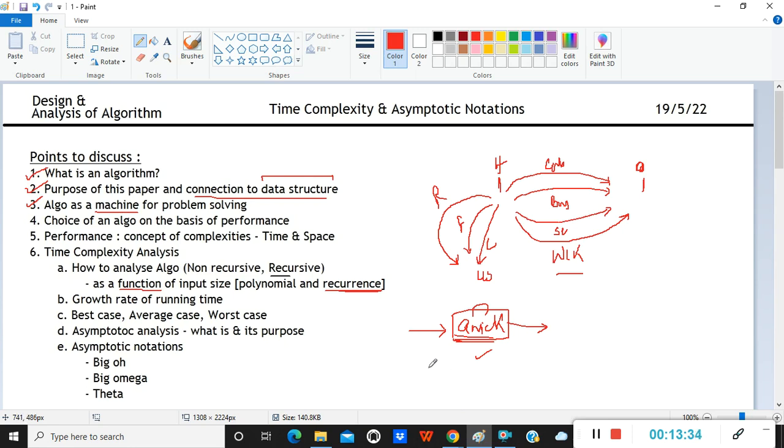Now when you consider an algorithm as a machine, think of when in real life you went to a shop to purchase a machine, suppose an air conditioner. You want to purchase an AC for your home.